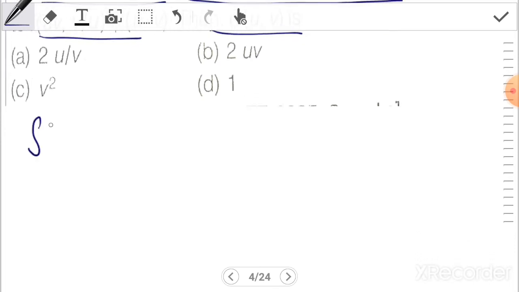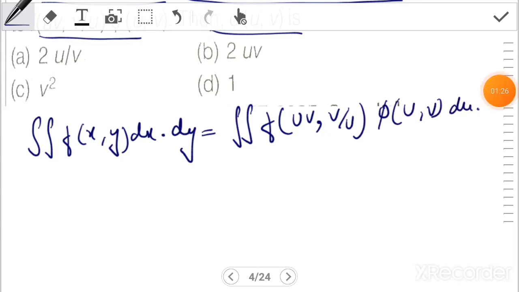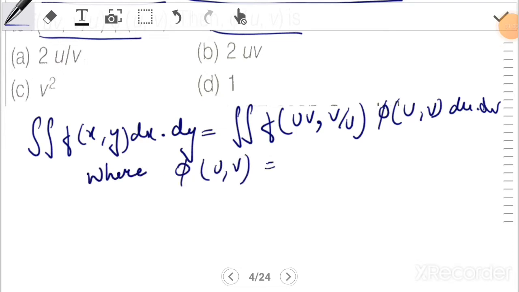So if we have the double integral of f(x,y) dx dy, it is equal to f of (uv, v by u) phi(u,v) du dv, where phi(u,v) is the Jacobian function.